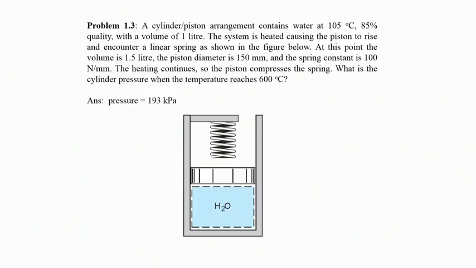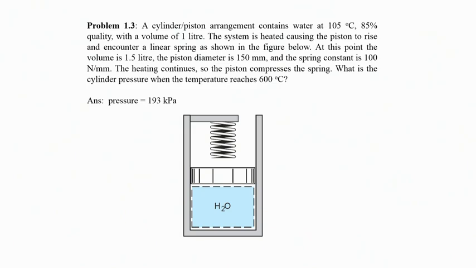A cylinder piston arrangement contains water at 105 degree centigrade and 85% quality, with a volume of 1 liter. The system is heated, causing the piston to rise and encounter a linear spring as shown in the figure.